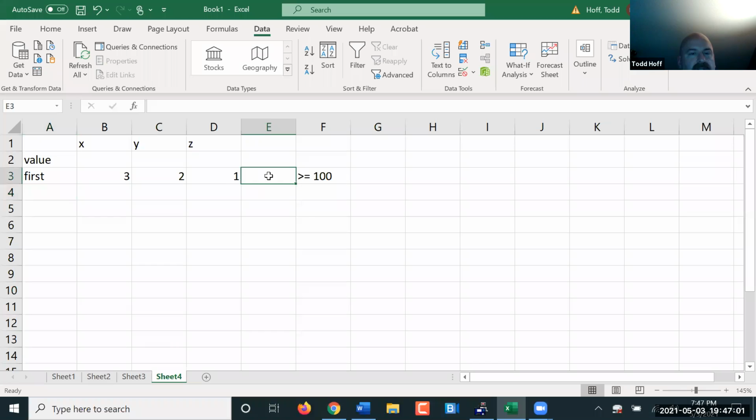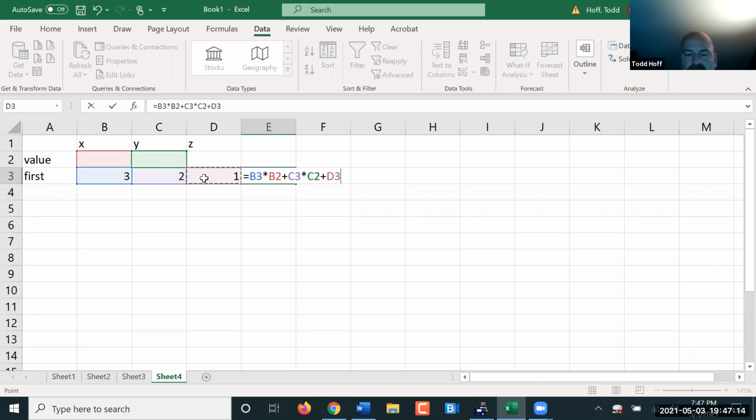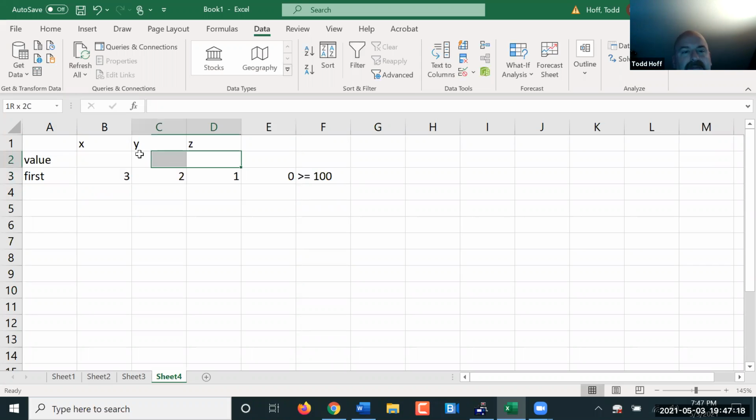So let's put in the formula here. This is going to equal 3 times the value of x plus 2 times the value of y plus 1 times the value of z.